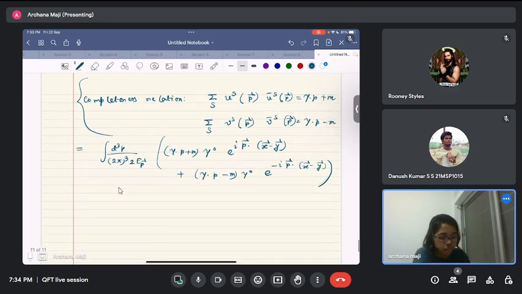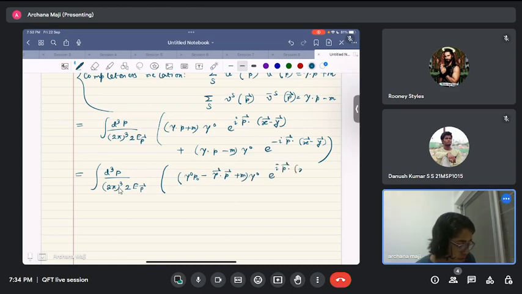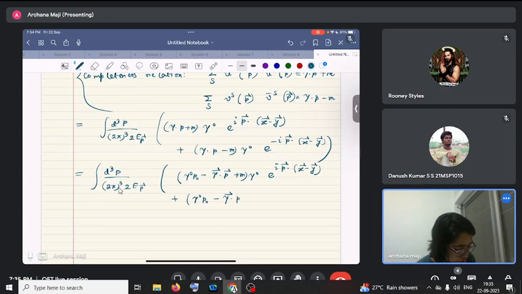Now this we can expand. Gamma dot P we can write as gamma 0 P0 minus gamma vector dot P vector, plus M, gamma 0, exponential i P·(x minus y), plus gamma 0 P0 minus gamma dot P minus M, gamma 0, exponential minus i P·(x minus y).